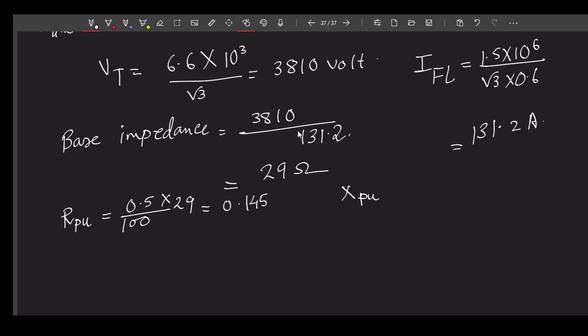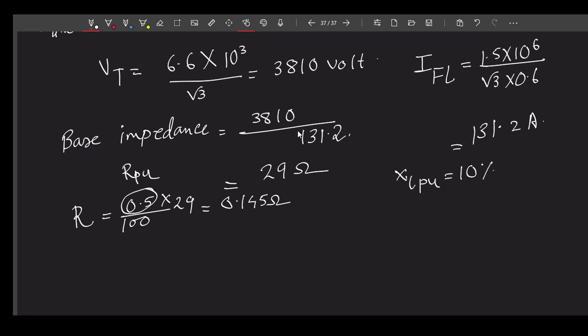That R value was given in per unit. So what would be this one? This will be XL, per unit was 10%.